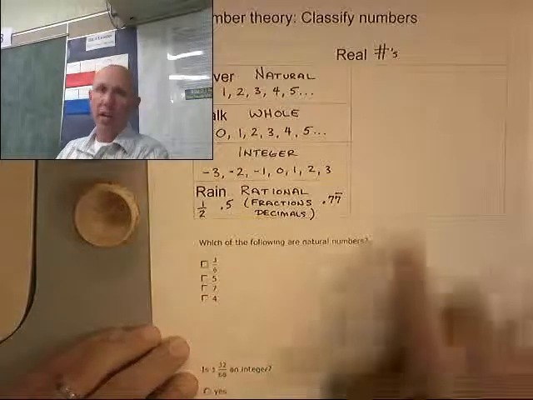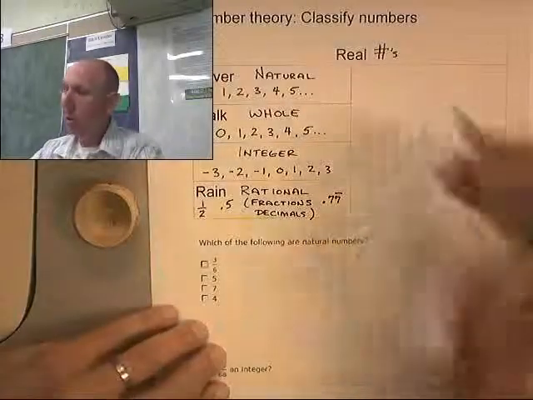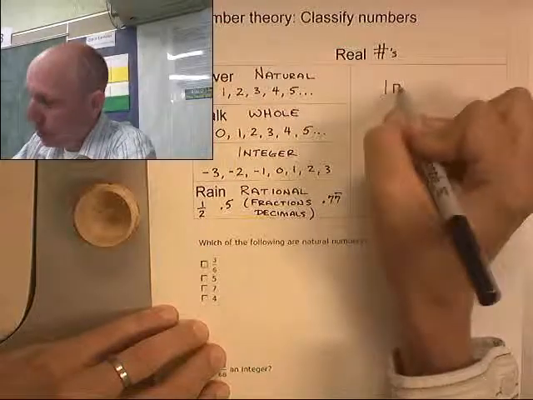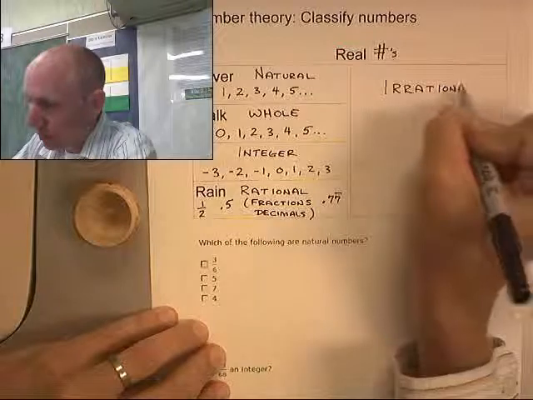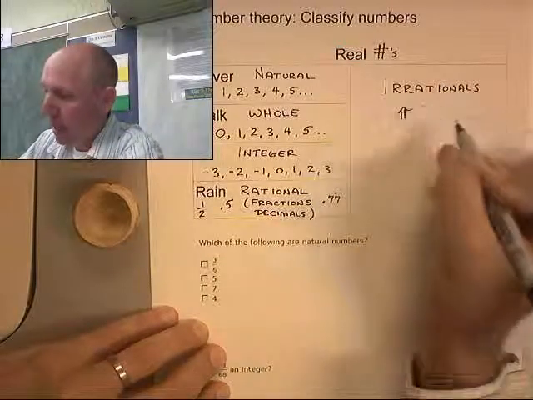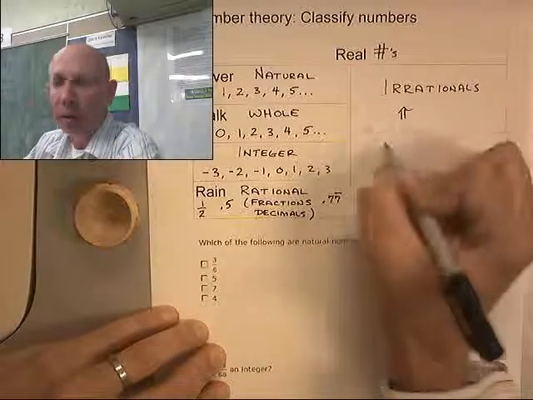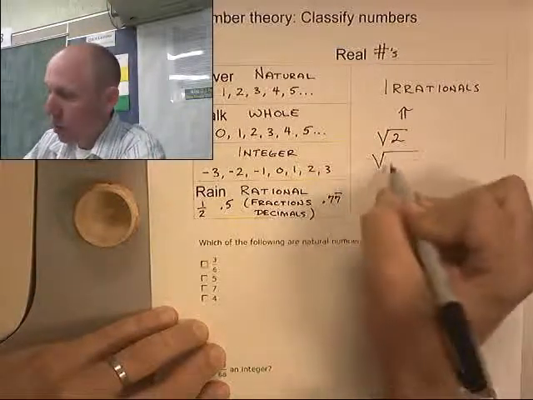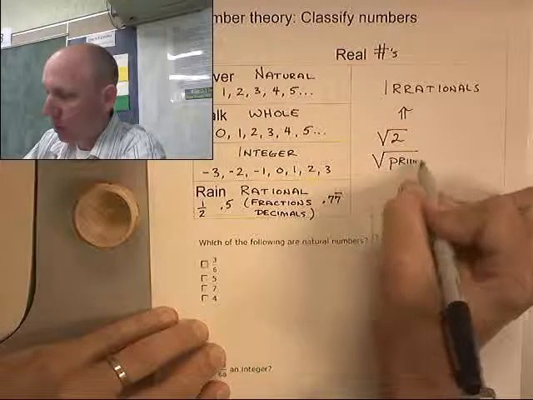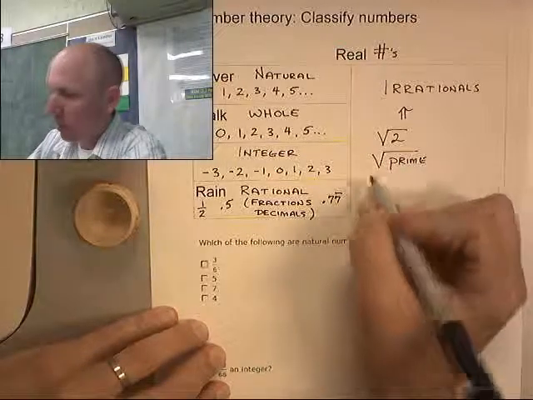Now, over here, we have this big blob. These guys are called the irrationals. And they are wacky numbers, like the number pi. It goes on forever without repeating. Or the square root of 2. Or the square root of a prime number. Or something that's really ugly.